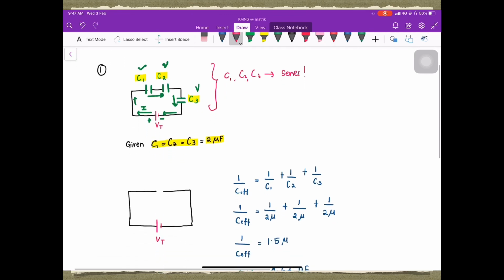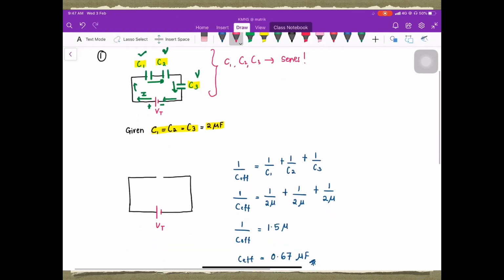Next step. After we know that C1, C2 and C3 are series, we need to draw a new diagram.